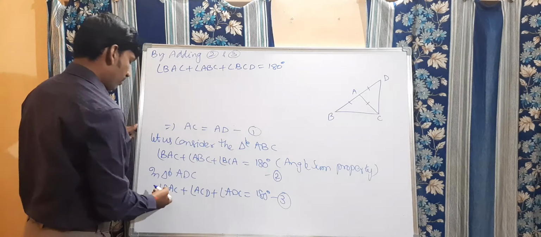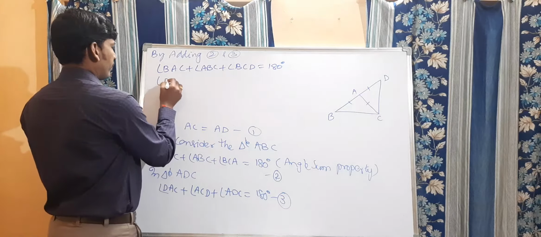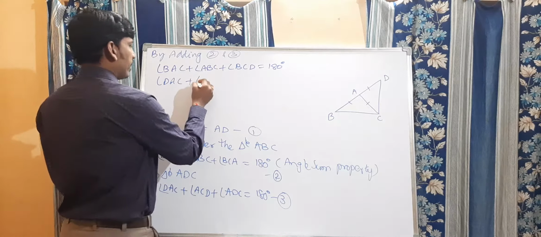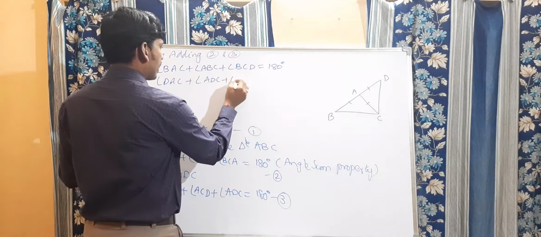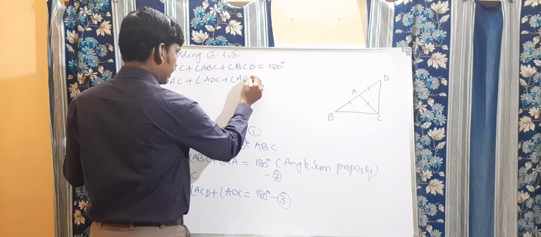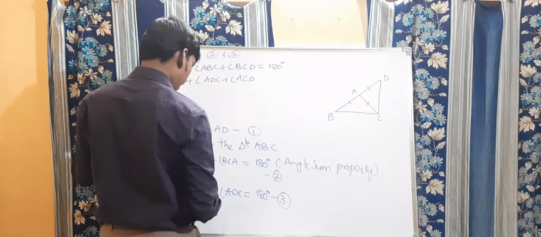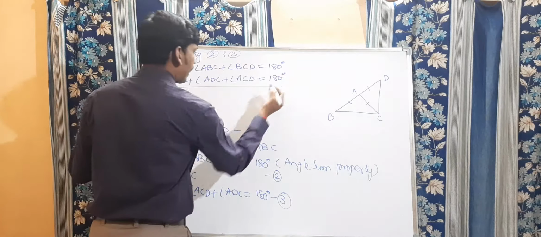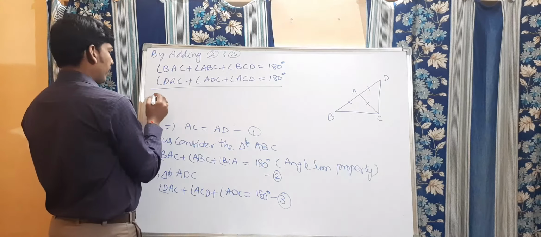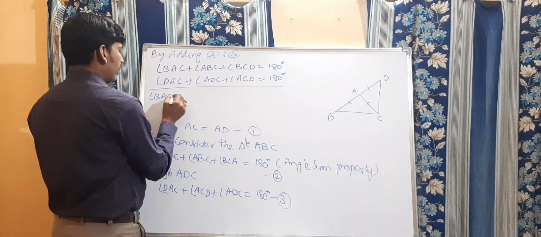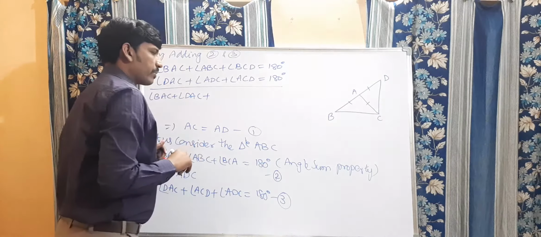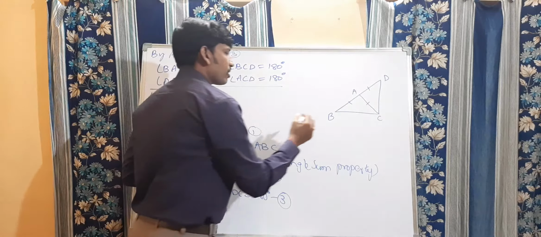Right? So now angle DAC plus angle ADC plus angle ACD, which is equal to 180 degrees. Now by adding all these, what you are going to get here? Angle BAC plus angle DAC plus... Now observe here, they given ABC is an isosceles triangle.